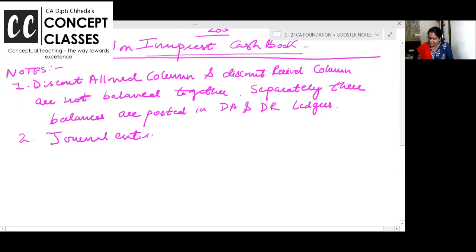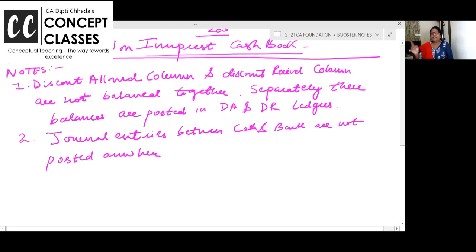Journal entries between cash and bank are not posted anywhere. Journal entries between cash and bank, they are not posted anywhere. They are called contra entries.